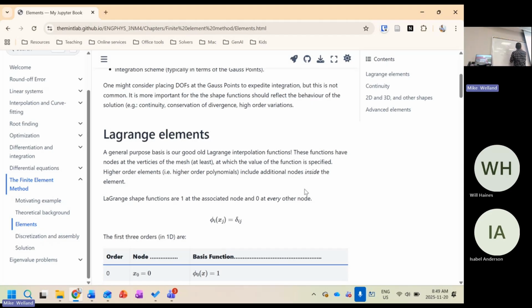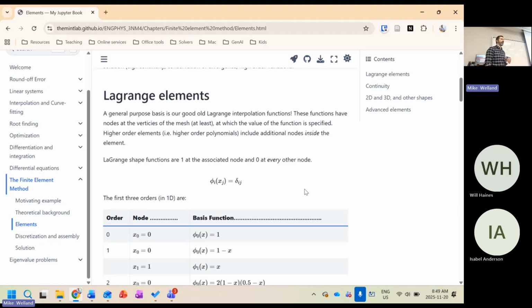Is it going to be a line? Is it going to be a quad? Is it going to be a cubic? It depends how many points you have in there. What that means, though, is that you at least have values, your DOFs, at the nodes of your mesh. This is the default of COMSOL, by the way.